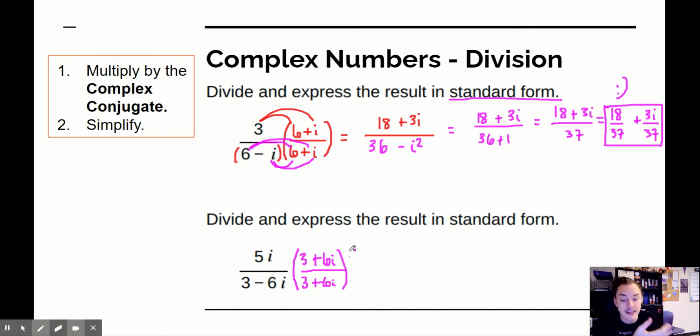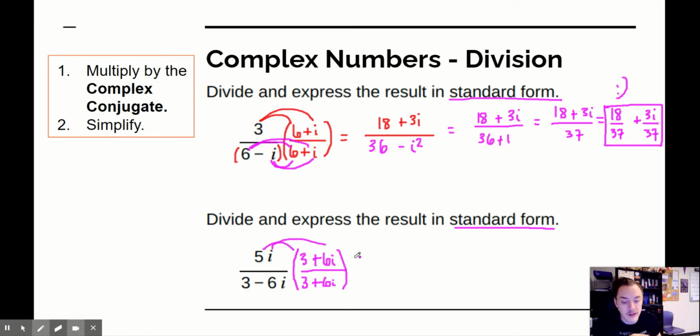That's what I did here. If they were in the numerator, I wouldn't care because I could just do this, which I did. So this is why we do the complex conjugate, guys, because I want to simplify it into standard form. But in order to do that, I need to multiply by the complex conjugate to get it out of the denominator.